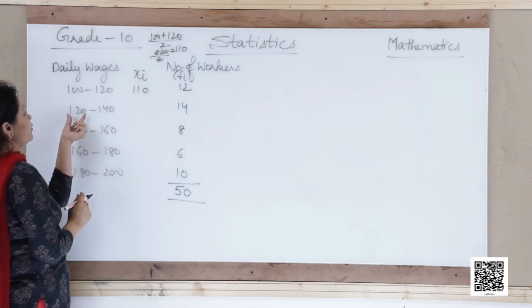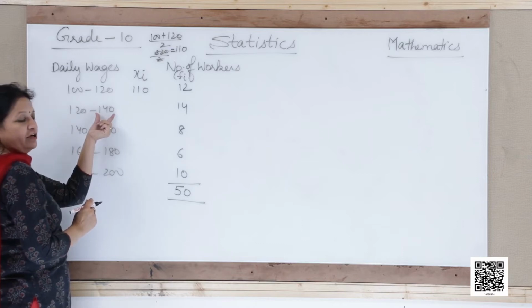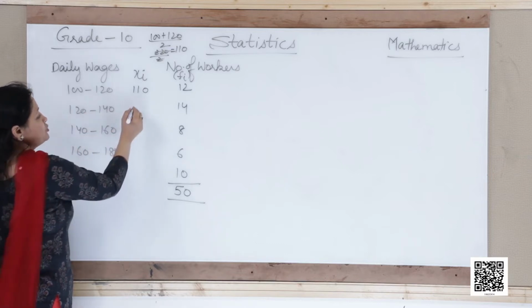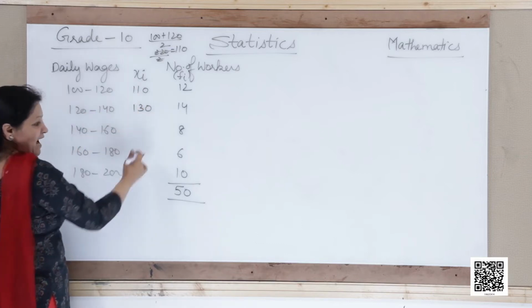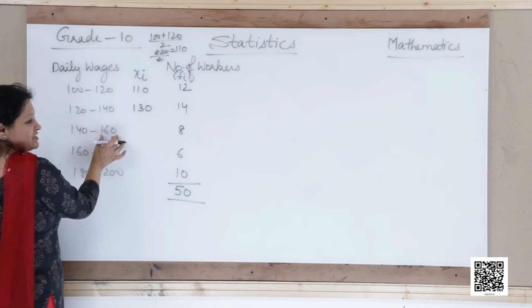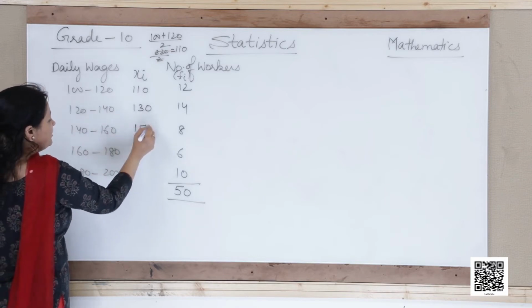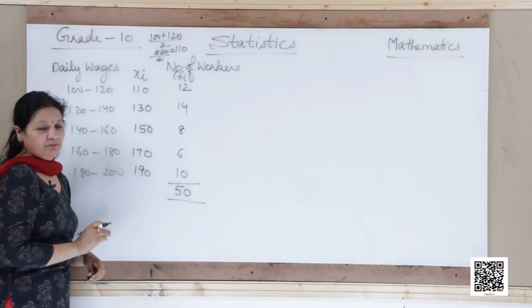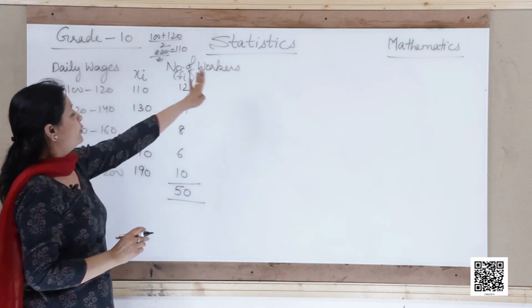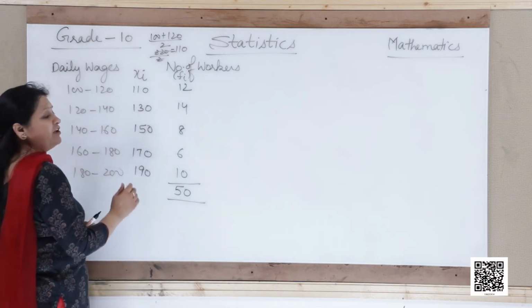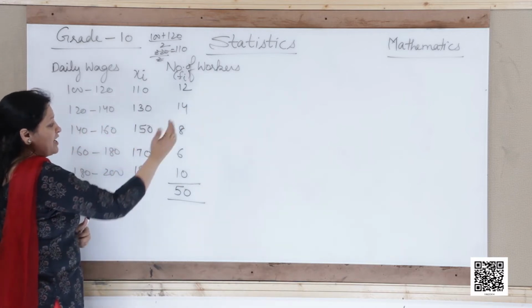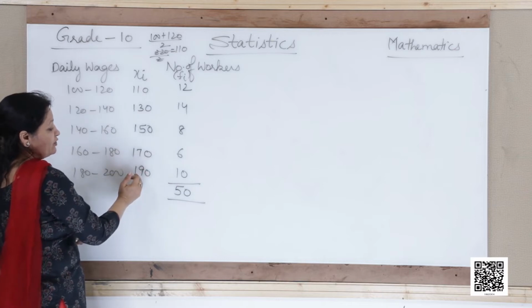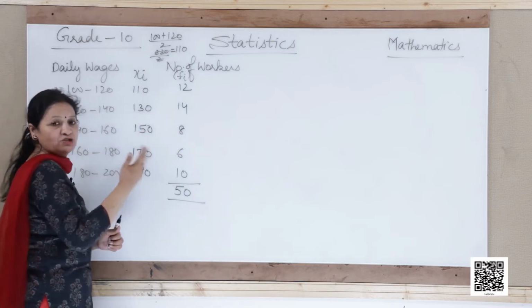Similarly, 120 plus 140, 260 divided by 2, 130, and so on. 140 plus 160, so I'll be getting 150 here, 170 here, and 190 here. If we do it with the direct method, it will take some time to multiply 170 with 6, 150 with 8, and so on.